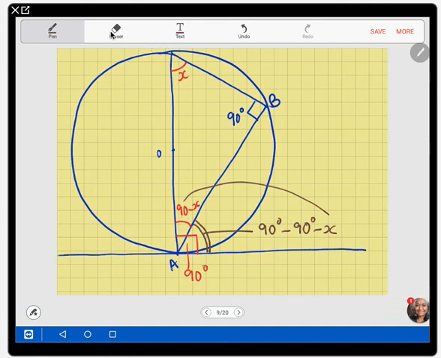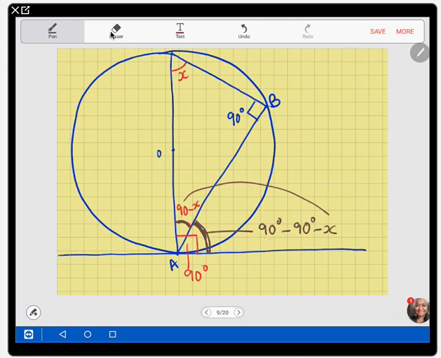If this triangle has a 90 degree angle here, and another 90 degree angle here, and this is X, this small angle here is 90 minus X. If this is 90 minus X, and the whole lot here is 90 degrees, therefore that bit we're talking about is 90 degrees minus (90 degrees minus X).